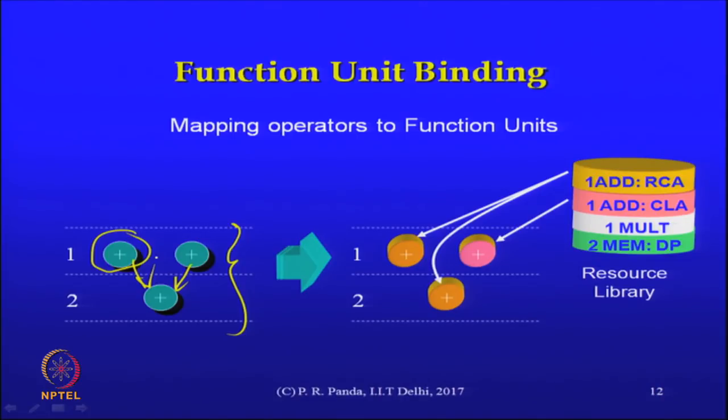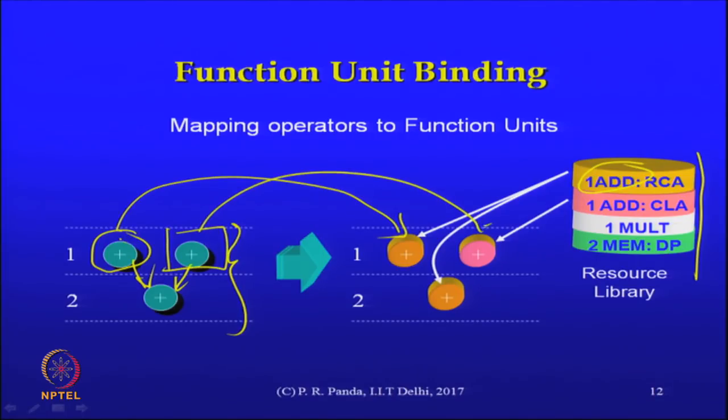But I may have a choice. Given one of those nodes, I now have to look at the resource library and decide that this node would be realized in terms of that component. That node would be realized in terms of that other component, say the carry look ahead.